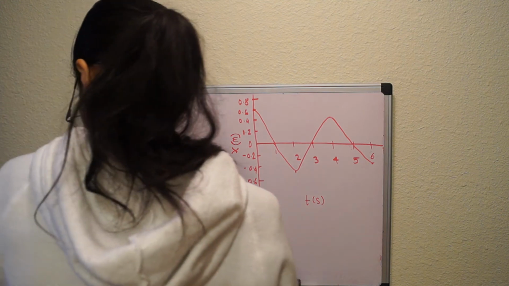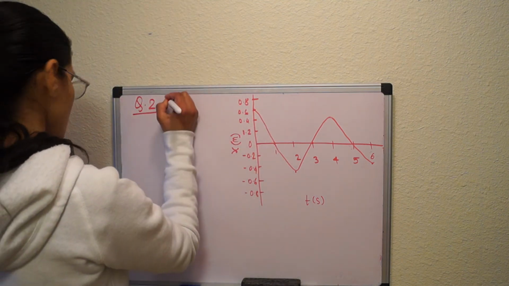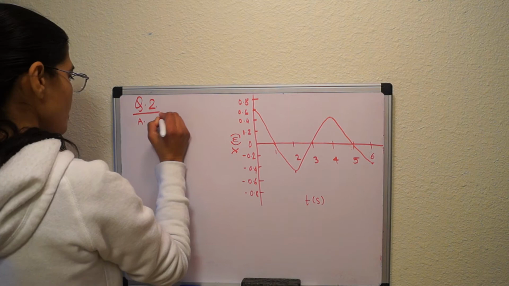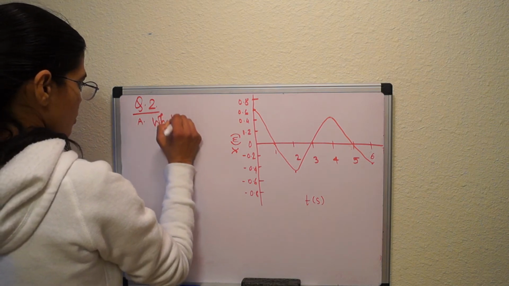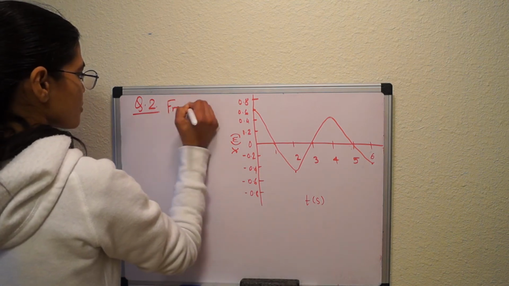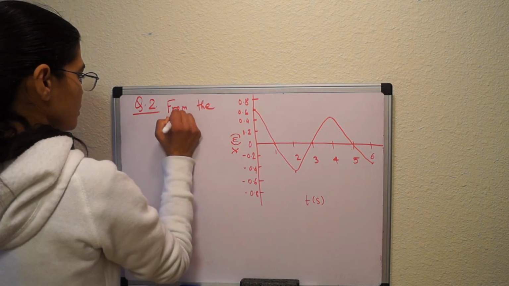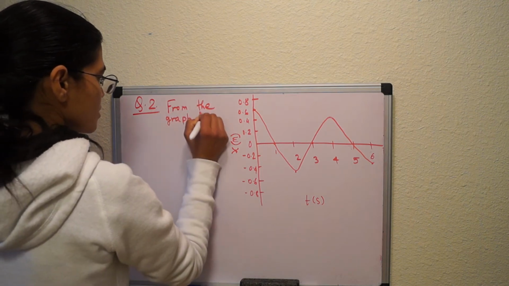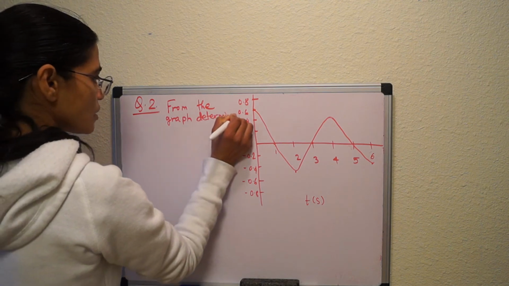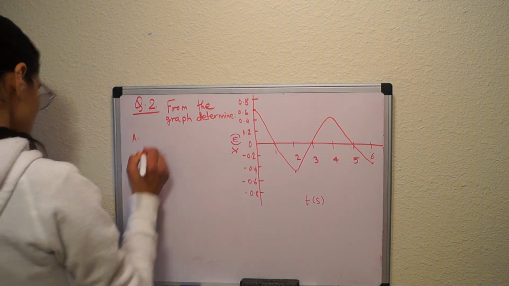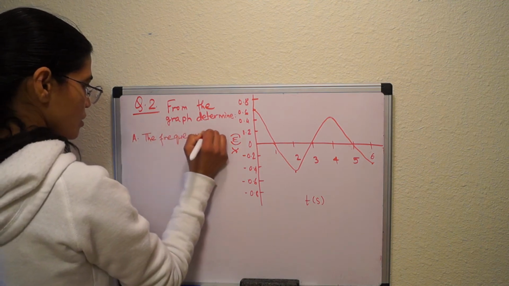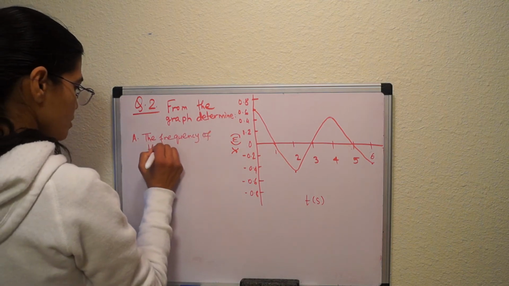So the question goes like this: from the graph, determine A, find the frequency of the oscillations.